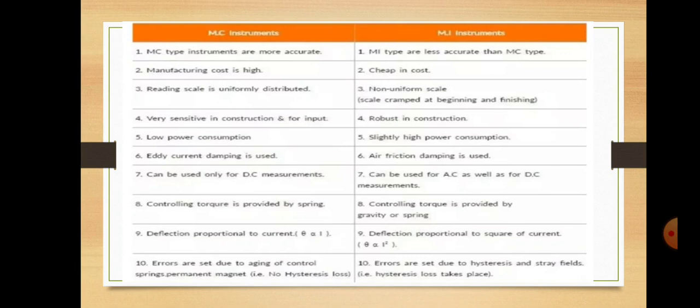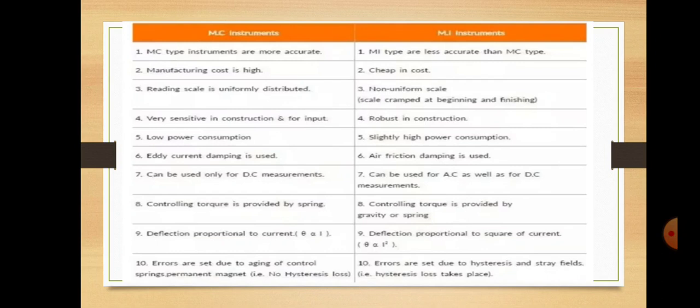Now the controlling torque is provided by the spring in PMMC, and the controlling torque is provided by gravity or spring in MI. The deflection is proportional to the current, that is theta is directly proportional to I in MC instruments, and deflection is proportional to the square of the current, that is theta is directly proportional to I squared.